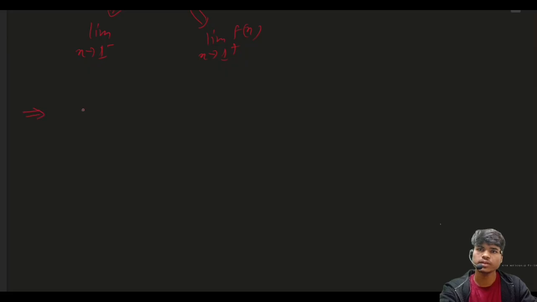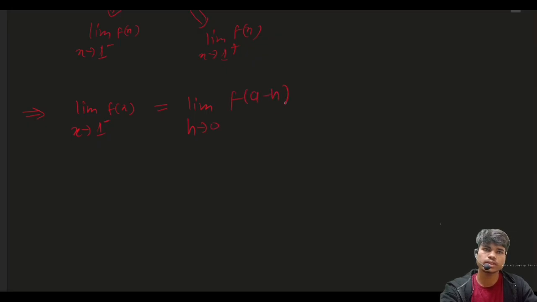So the left hand limit, we have limit x tends to 1 negative f of x. We can write this limit as limit h tends to 0 f of a minus h.